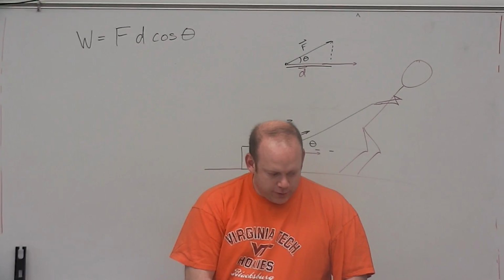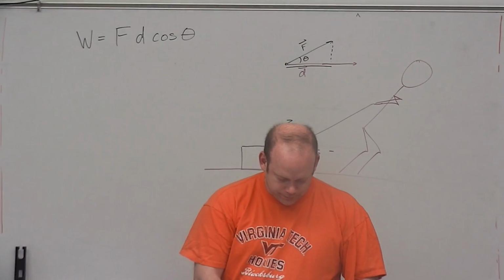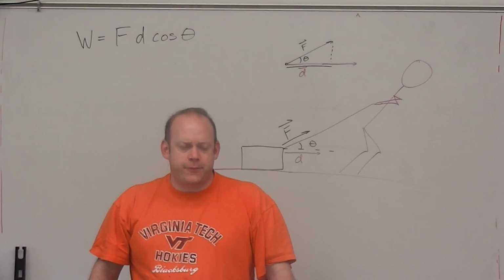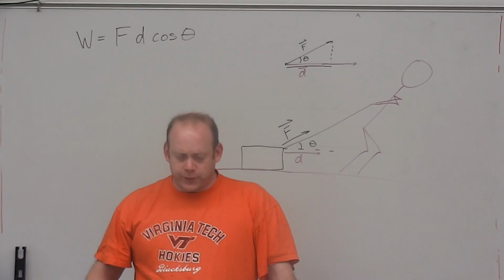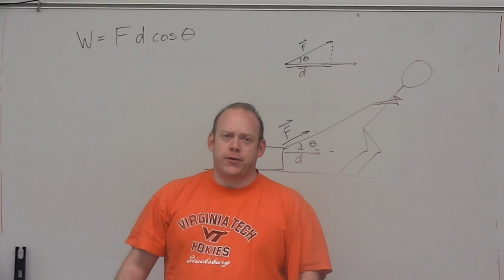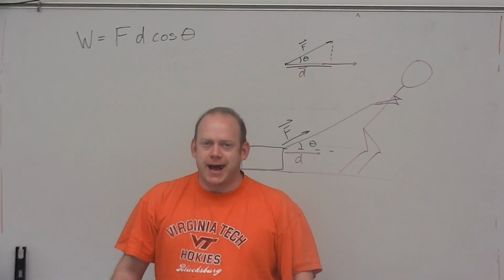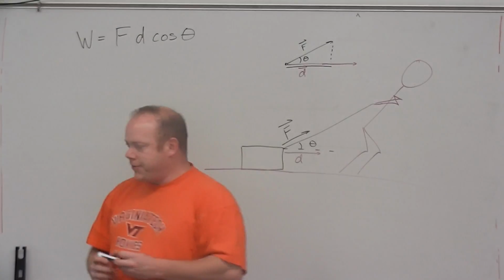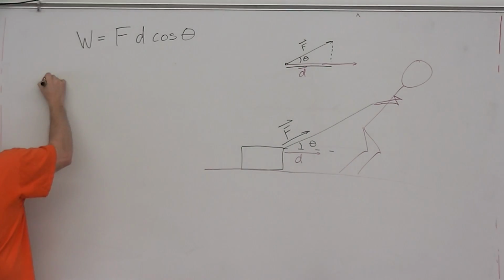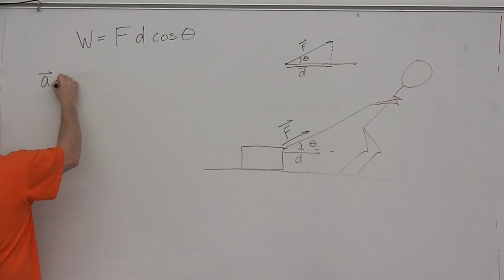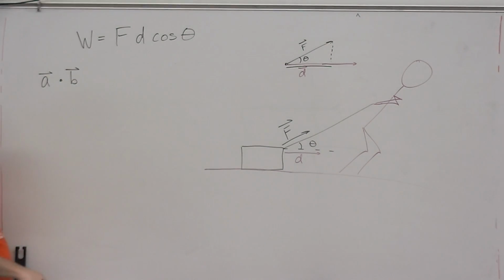Okay? This is going to be something that I have when we talk about all sorts of different quantities within physics. We take a look at what's called the dot product. Now the dot product of two vectors, so let's just say I have vector A and vector B. We put a dot between them, and that's what we call the dot product.